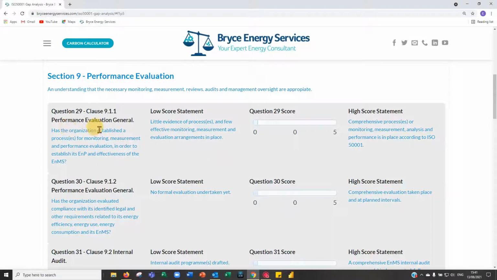So performance evaluation, general. This is established processes for monitoring, measurement, and performance evaluation and effect. So establish its energy performance and effectiveness. So what you're looking at is both the underlying process, but also the energy management system itself. Is it performing as you would expect?